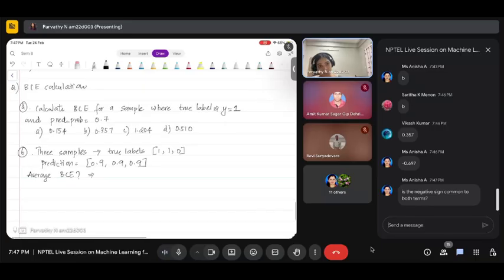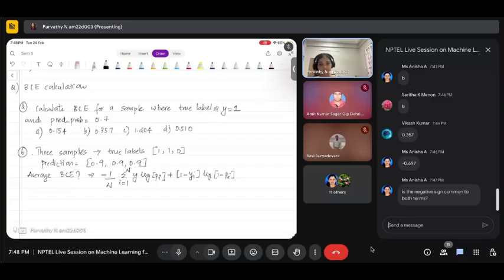So here you have to take minus 1 by n, sigma i from 1 to n, yi times log of pi, the ith probability, plus 1 minus yi into log of 1 minus pi. Yeah, so entropy generally has this negative sign.